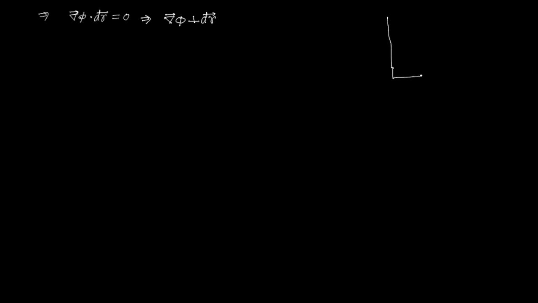So again, let me draw this figure: x-axis, y-axis, z-axis, and we assume a level surface of a scalar function phi on which the scalar function is fixed. And then what have we considered?